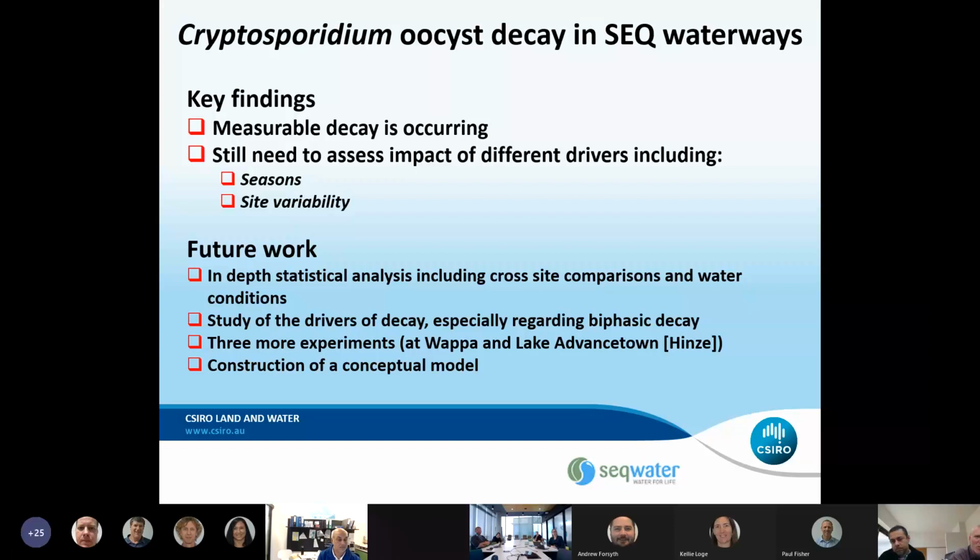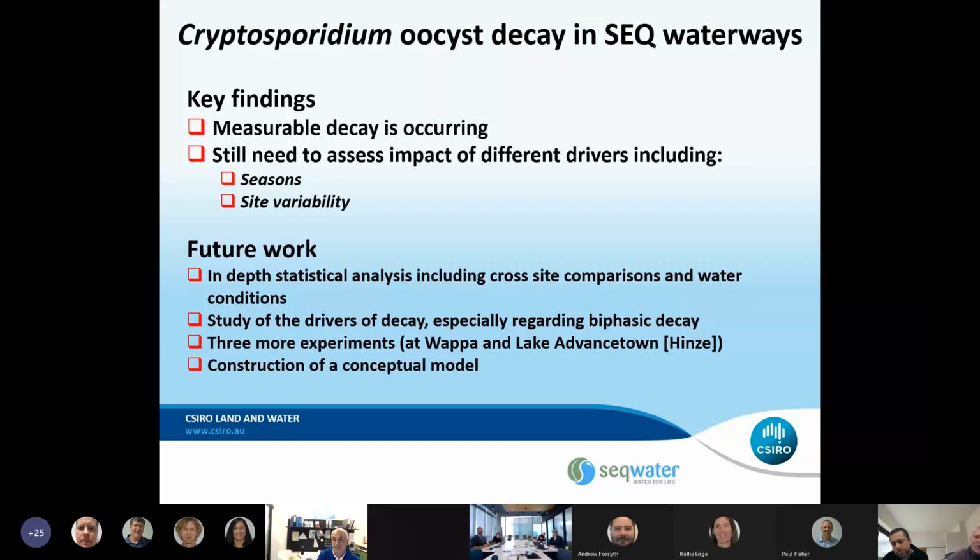We need to do a lot more on site variability, so I don't want to say what the impact of the site is and how great that difference is. That will come out as we do more at Hinze Dam or Alltown, our lake, and do another experiment out at Whopper Dam. There is some impact of site variability, but whether that's big enough to make a major difference remains to be seen.